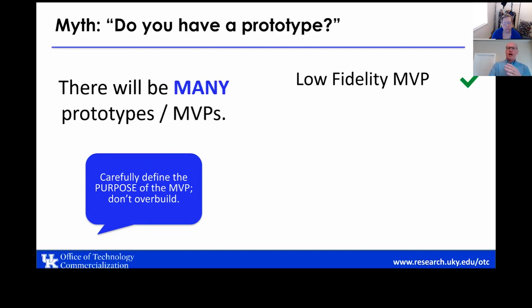So in the Lean Startup materials, Steve Blank talks about two different types of prototypes or MVPs. They talk about a low fidelity MVP. This could be a one-page sales brochure. It could be a wireframe diagram of your website, or a wireframe instance of your website. It could be a 3D printed plastic model of something that's not ever intended to be 3D printed.